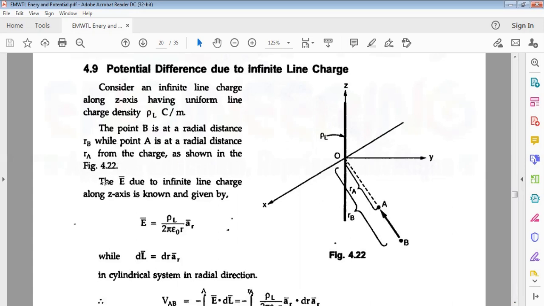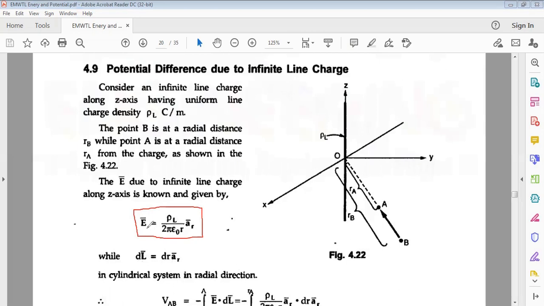The E bar for the infinite line charge along the z-axis is known and is given by E bar equal to rho L by 2 pi epsilon naught R times a R bar. We already derived this expression, my dear students.